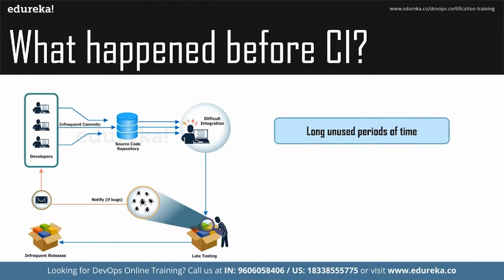It takes a lot of time, so developers have to wait for a long period of time to get the test results. The second problem is that since the entire source code of the application is first built and then it is tested, if there is any bug in the code, developers have to go through the entire source code of the application.